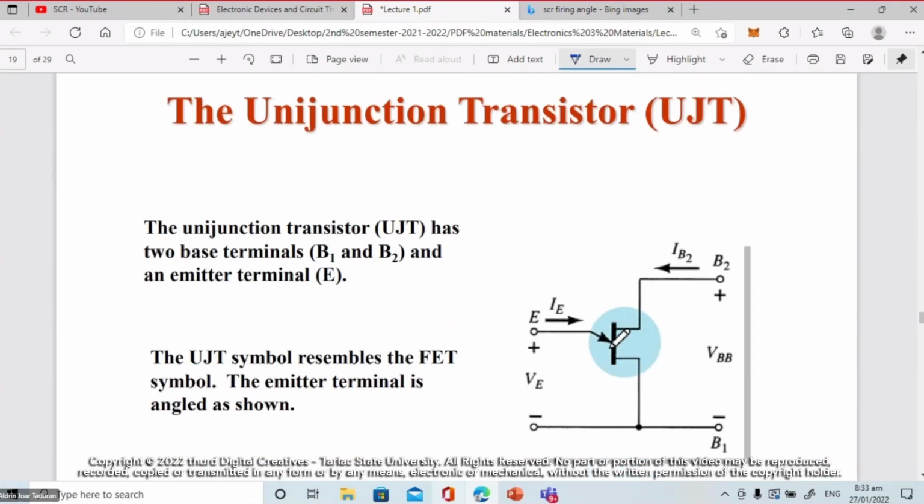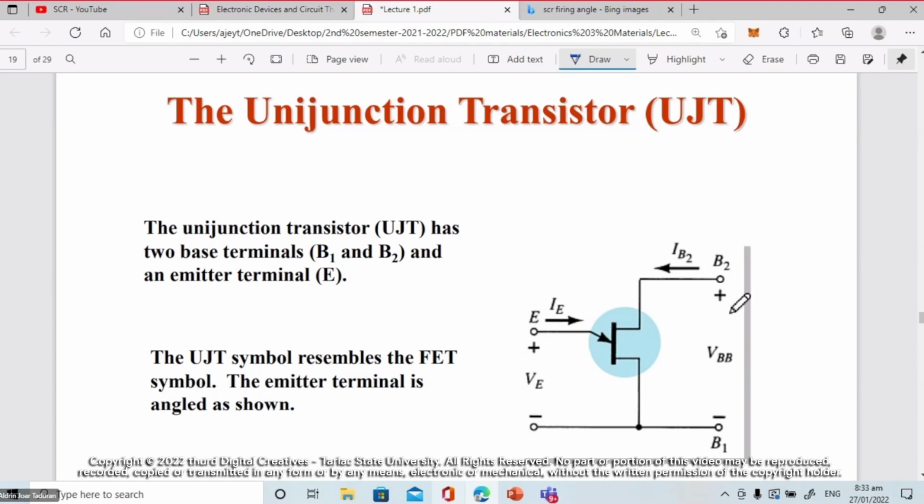Then UJT, unijunction transistor. So mapapansin nyo, halos sunod is more on unijunction tawag dito. Unijunction sila eh. Yung diac, triac, those are unijunction. The unijunction transistor has two base terminals. Meron tayong B1, B2, para siyang base 1, base 2, and then the emitter terminal.